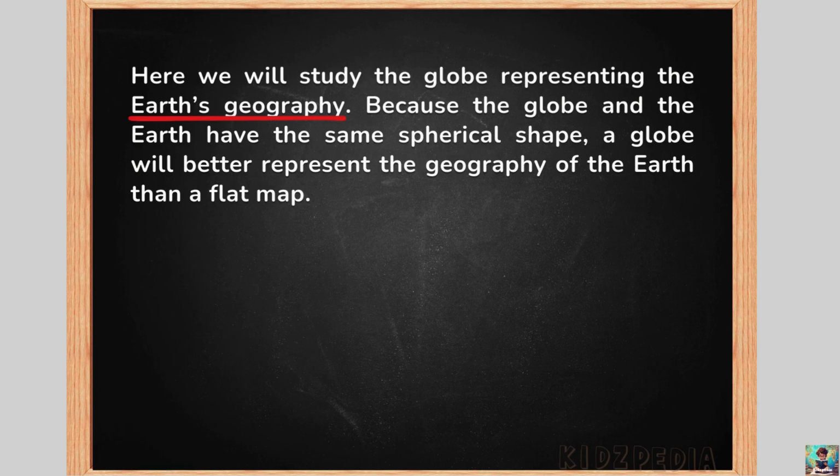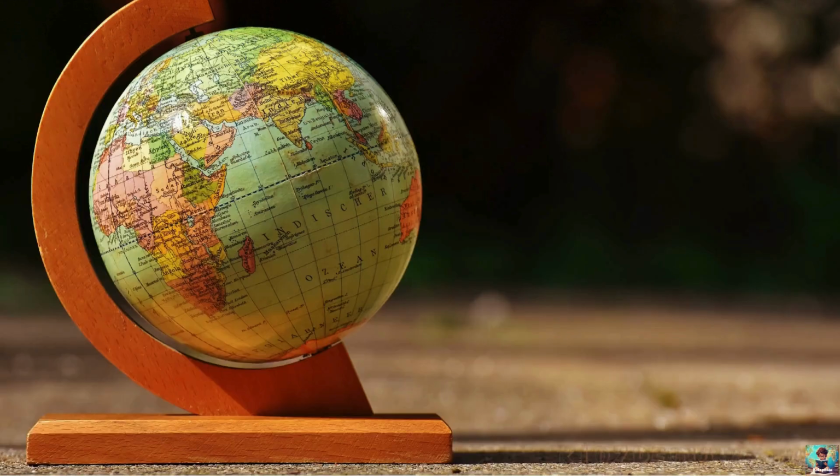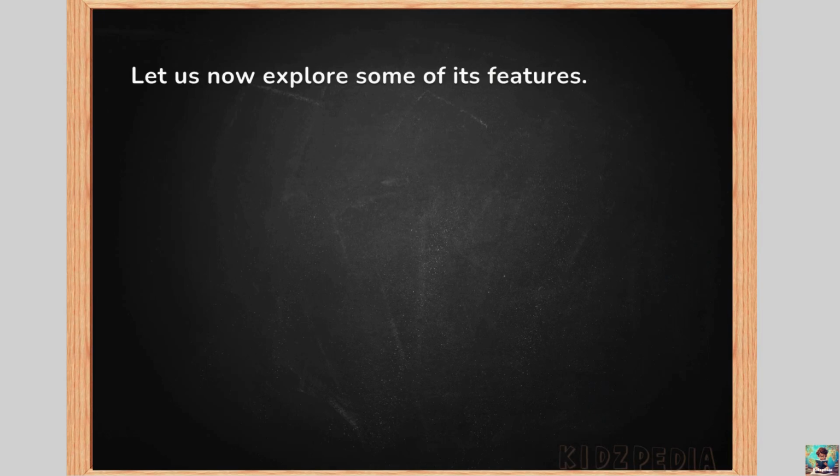Because the globe and the Earth both are round, the globe shows the Earth more accurately than a flat map. That is, a globe is better at showing the real shapes and positions of the countries and places on Earth. Let us now explore some of its features.